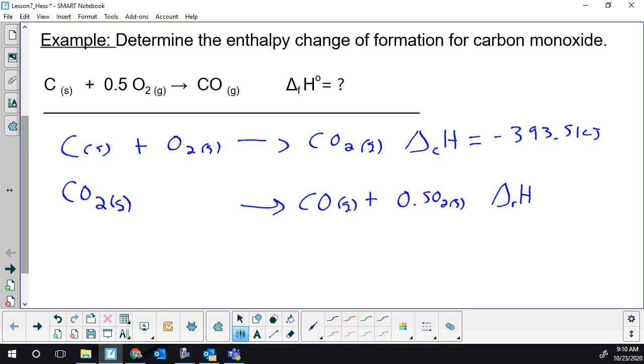It's not hydrocarbon combustion, but it's still combustion, reacting with oxygen. And this one is 283.0 kilojoules. And if we look at the net, which is the addition of the two blues, we're actually getting back to the black.